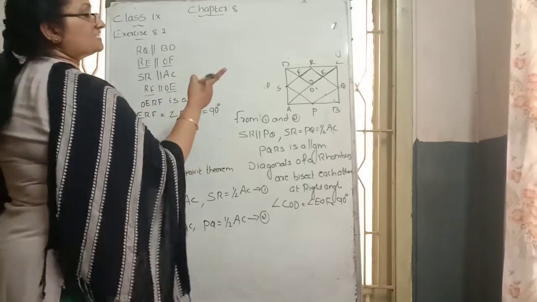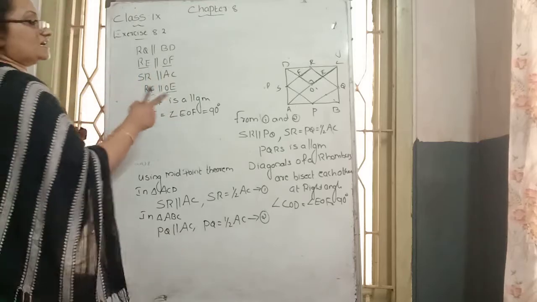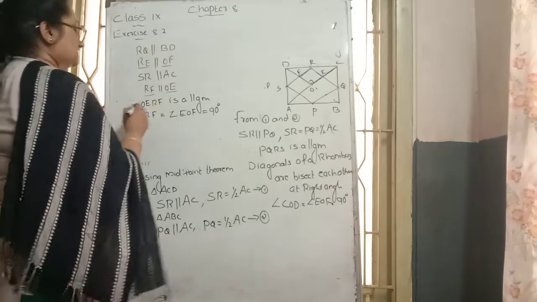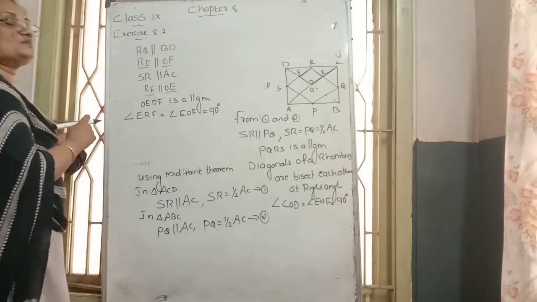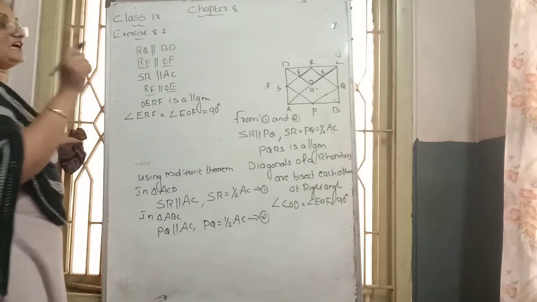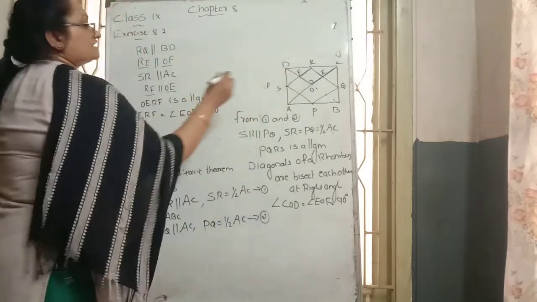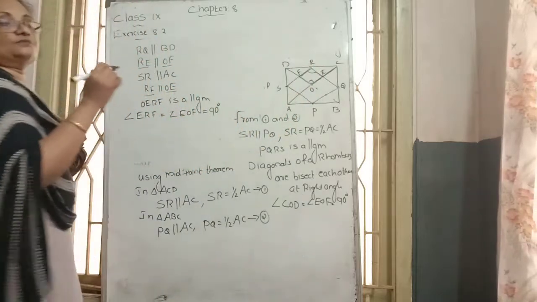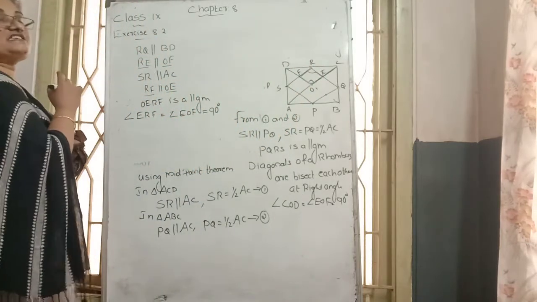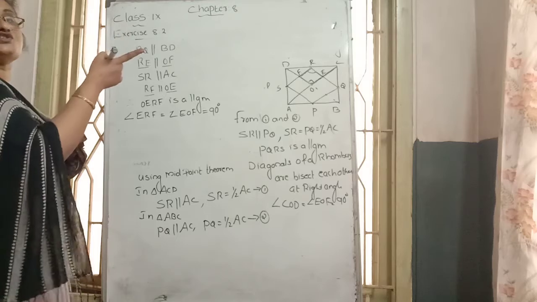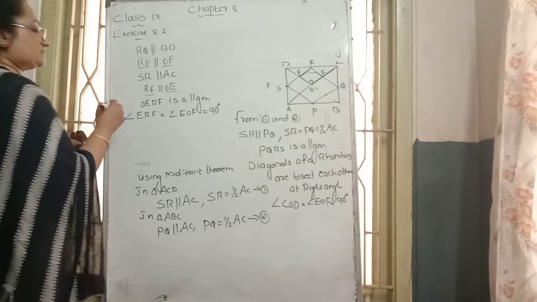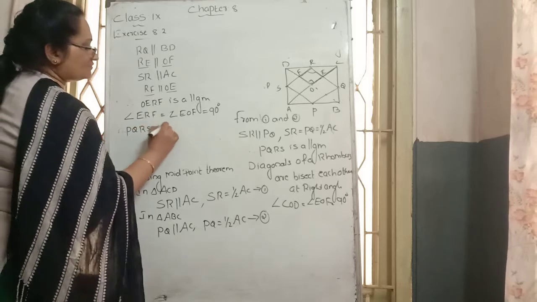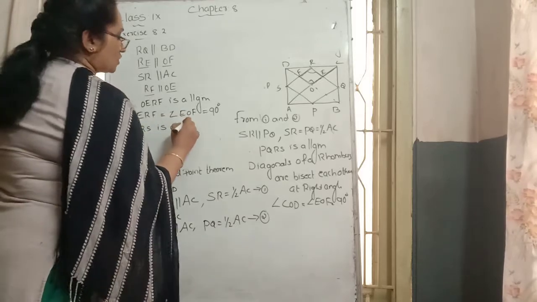We already proved that in the quadrilateral, opposite sides are equal. In the same way we prove that angle R becomes how many degrees? 90 degrees. Angle R is 90 degrees. Therefore, angle R is part of the parallelogram PQRS. Then PQRS is which shape?